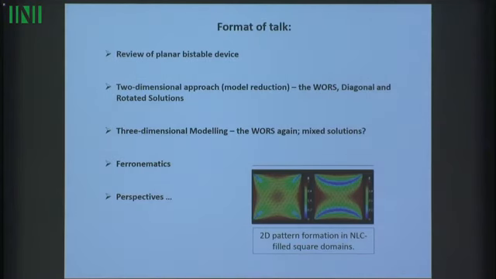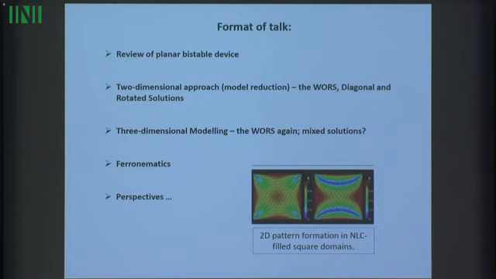So in terms of the outline of this talk, I plan to organize it as follows. I'm going to start off with a brief description of a real device, which is a planar bistable device that was manufactured by a group in Nottingham Trent. Then I'm going to talk about the modeling of this device, first in a two-dimensional framework, and effectively describe the stable textures that you can observe in a 2D framework, with special emphasis on a new pattern that we both numerically and analytically discovered.